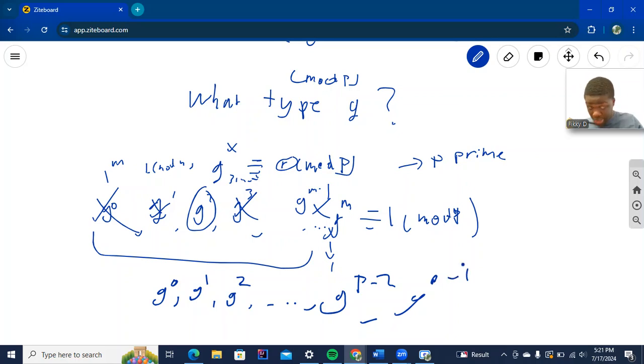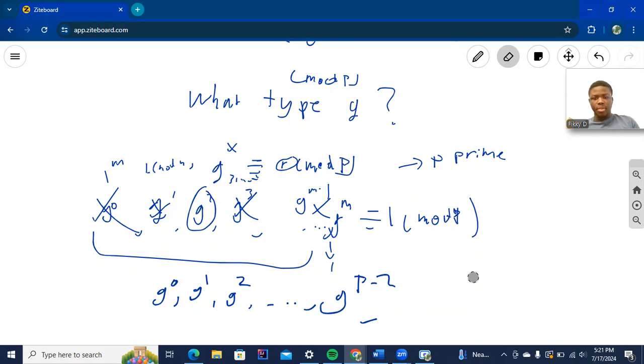I don't want to get too in depth because then this video is going to be too long, or it already is. But the idea is that all these values modulo p are different, because the primitive root is a number that has an order of p minus 1 in mod p.